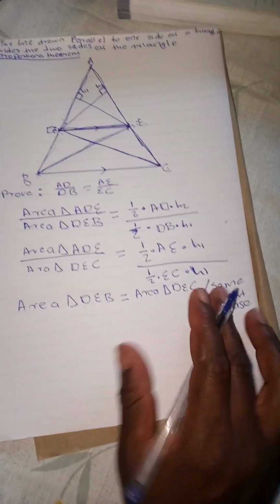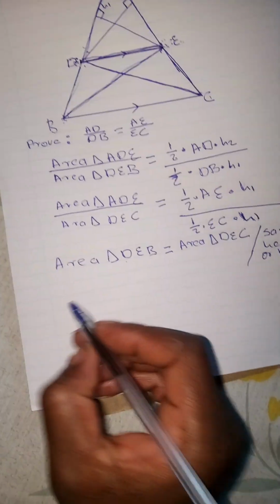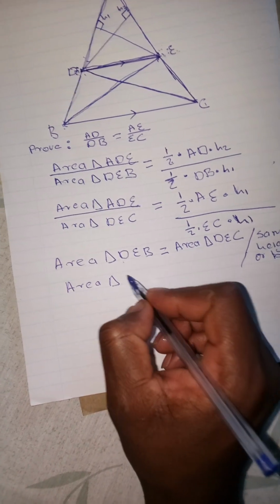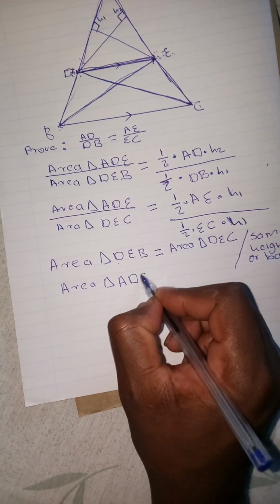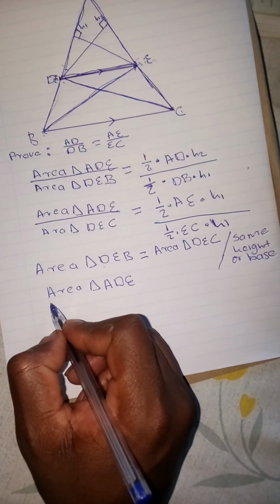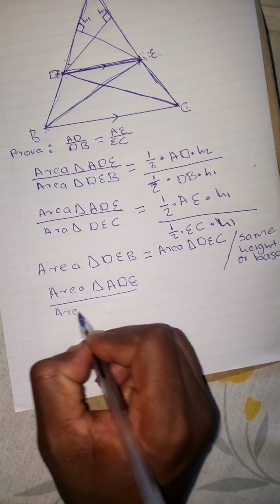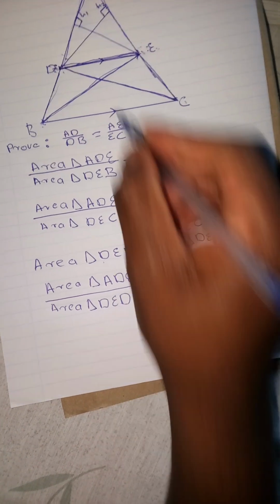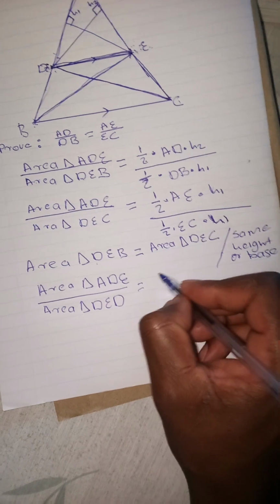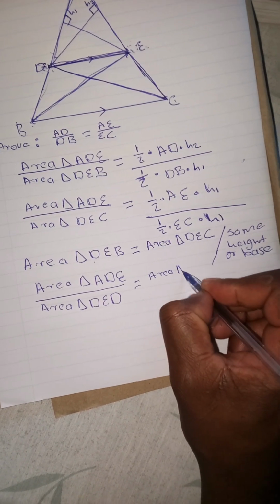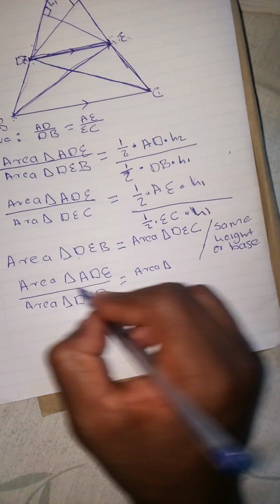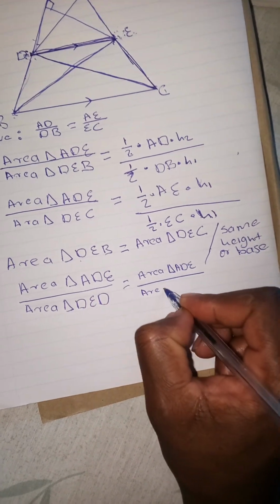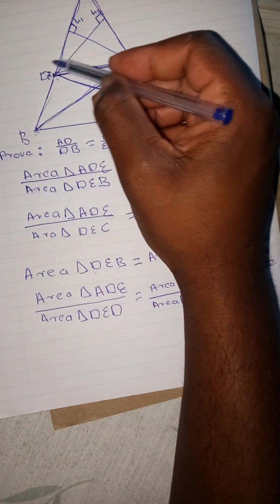Therefore, when they are sharing the same base, it means the area of triangle ADE over the area of triangle DEB is equal to the area of triangle ADE, the same thing, over the area of triangle DEC.